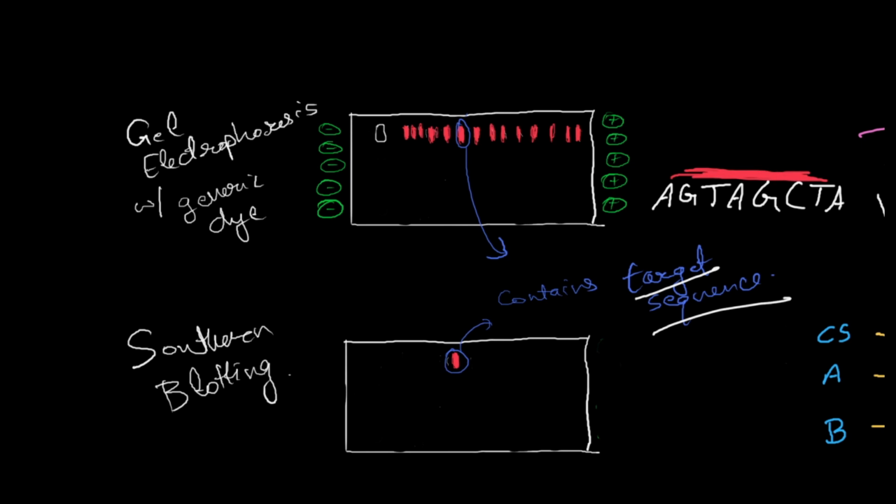Now how exactly this is done is beyond the scope of this video. It involves a significant amount of what I could just call engineering magic, but it's very interesting, but it's not what we're here to talk about. So for now, just suffice it to say that you can very specifically target a fragment that contains a known sequence.